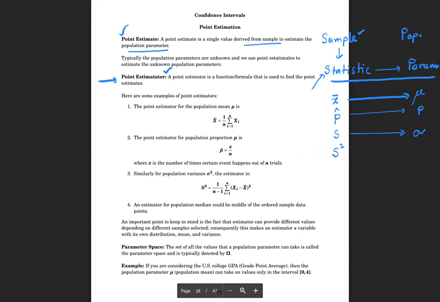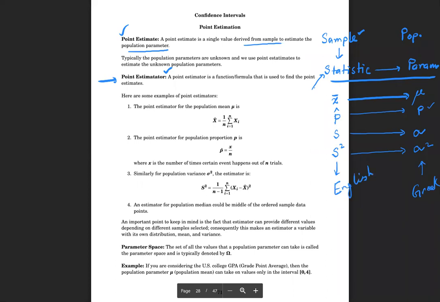Sample variance is denoted by S square, and the population variance is denoted by sigma square. These letters are Greek. This P is probably Greek too, I don't know. These are lowercase English.